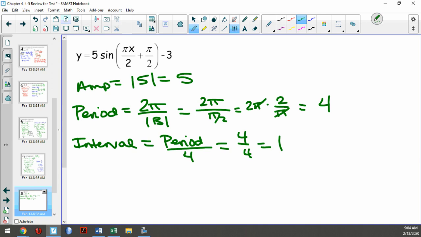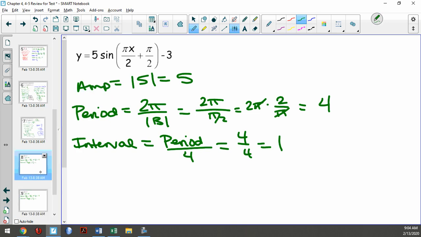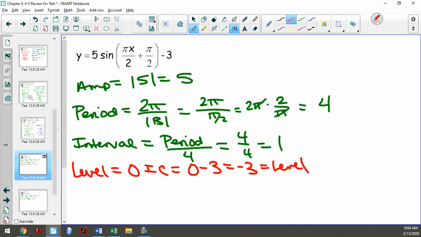After you do that, what's the next thing you do? I need to find my level. My level is 0 plus or minus c. What is c in this case? So 0 minus 3, which gives you a negative 3 as your level.